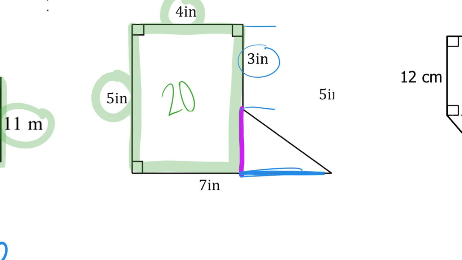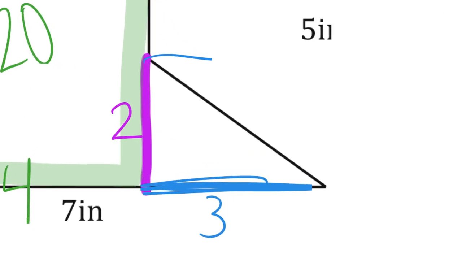So that means this little purple piece has to be 2 because the length of this whole side would also have to equal 5. So 3 plus 2 is 5. And then down here, the whole entire length is 7. And we know that the top of that rectangle up here is 4. So this is 4 down here. So that means that this blue piece would have to be 3 because it's got to make 7, right? 4 plus 3 is 7.